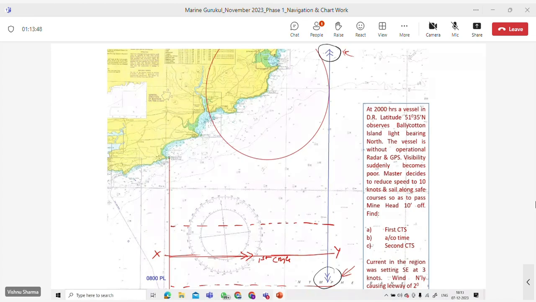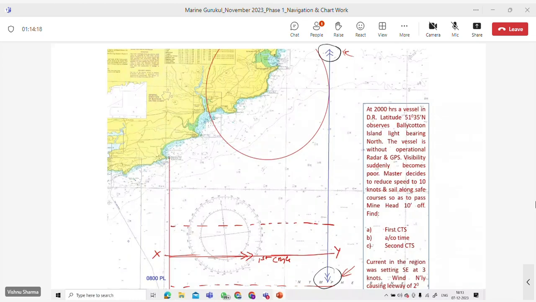So the greater the interval between the last known fix from which the DR has been calculated, the greater will be the error caused. Therefore, if the master feels DR is less reliable, he'll increase the safety margin. If he feels the DR is highly reliable, he will reduce the safety margin because he knows the vessel is somewhere here only.